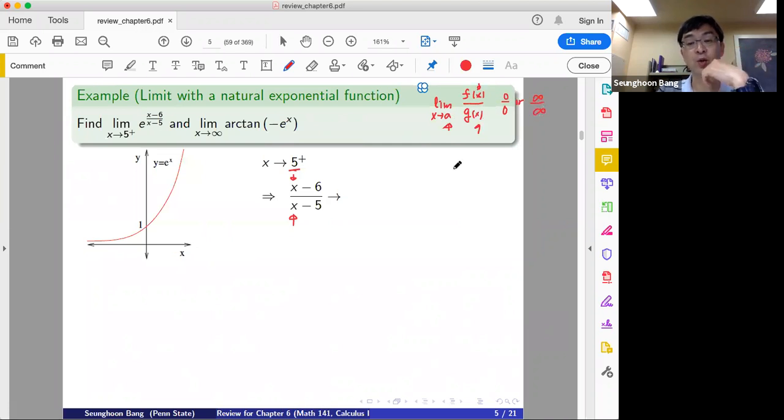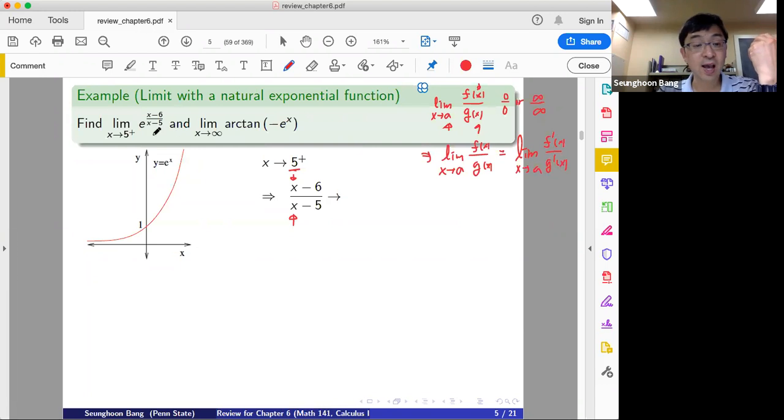Yes, we can use L'Hopital's rule, but in other cases, don't use it, or we have a wrong answer. Only in this case is the limit of f of x over g of x the same as the limit of f prime of x over g prime of x. This is exactly L'Hopital's rule.